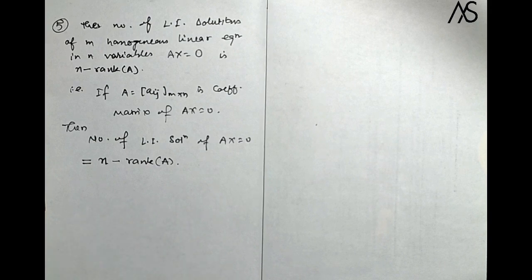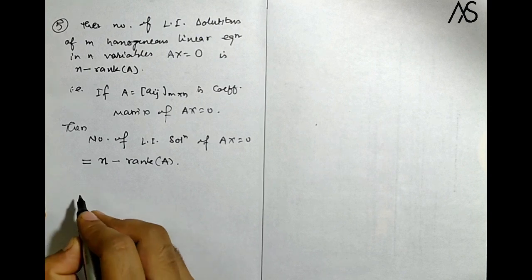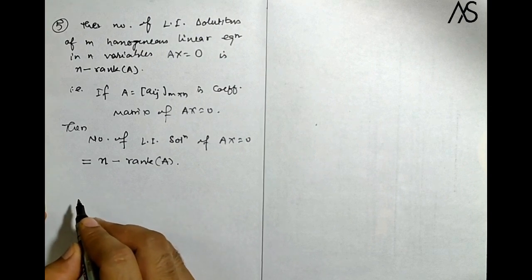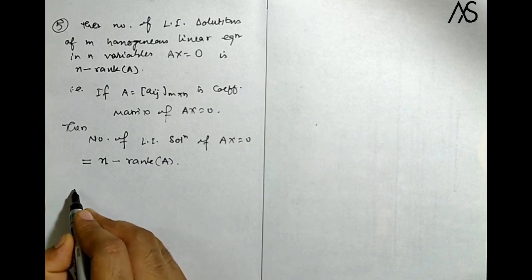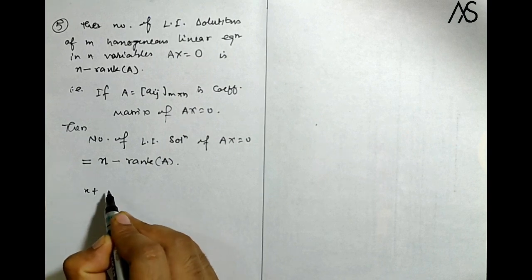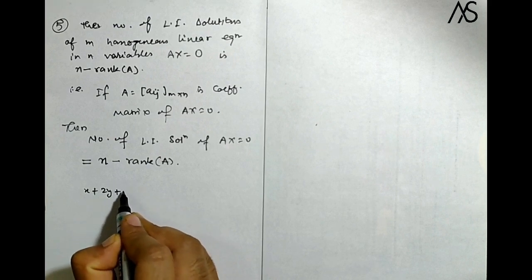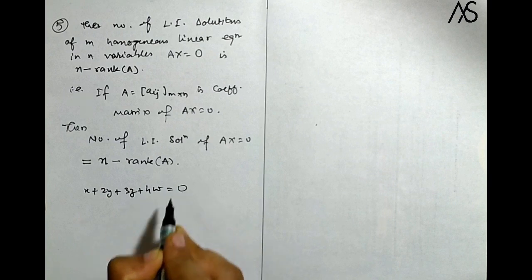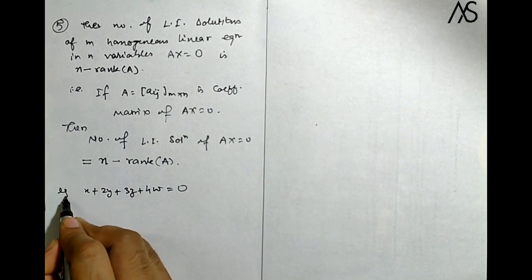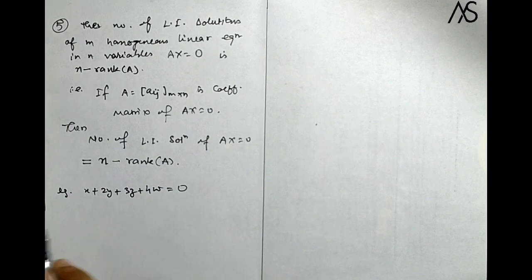एक एग्जाम्पल ले लेते हैं इसको समझने के लिए. अगेन पुराना एग्जाम्पल ले लेते हैं, लास्ट वाला. इसमें था फोर्थ में दिया था हमने फर्स्ट वाला, x plus 2y plus 3z plus 4w equals to 0. Okay, this is example. This is the system of homogeneous equations.